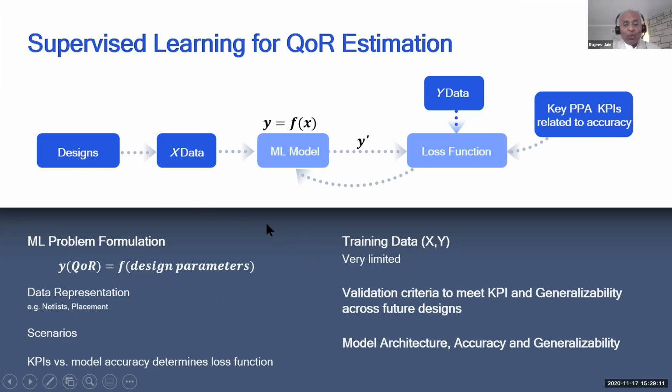All of these factors play into what I would call the framework for the supervised learning problem, which is something we have to develop in this community, because the AI community has, of course, developed very refined problem formulation, data representation, and loss functions, all of which are geared at face recognition and speech recognition.